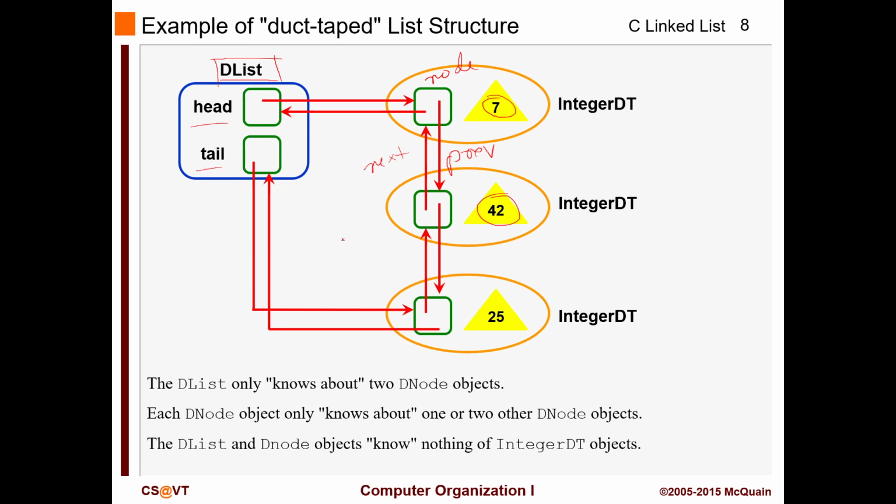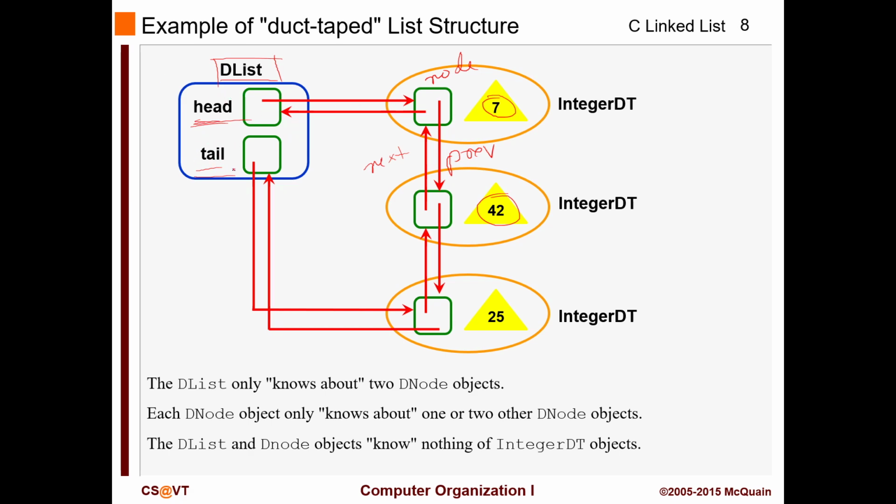So in this case, dlist only knows about two dnode objects, which are head and tail. Each dnode object only knows about one or two other dnode objects, because in this case head only points to the next, right? But it doesn't have anything on prev.